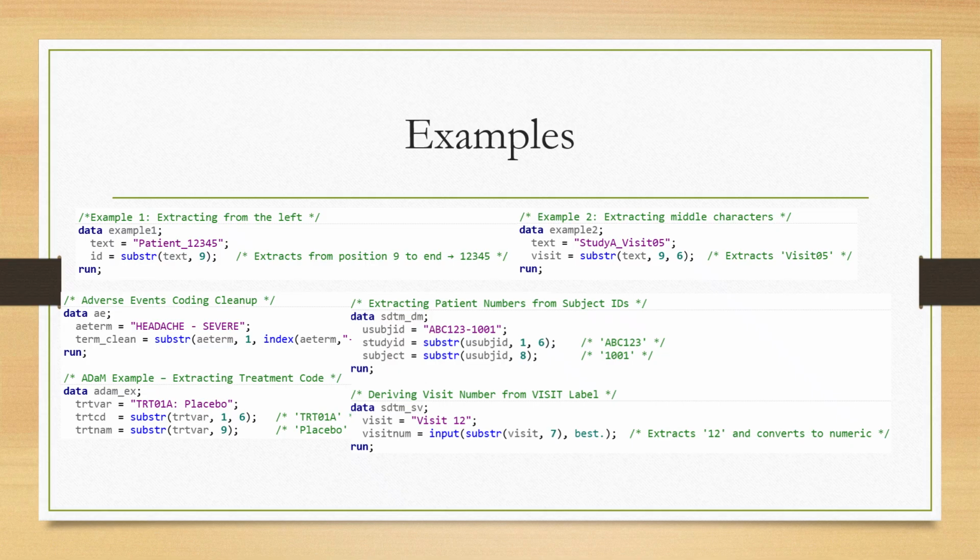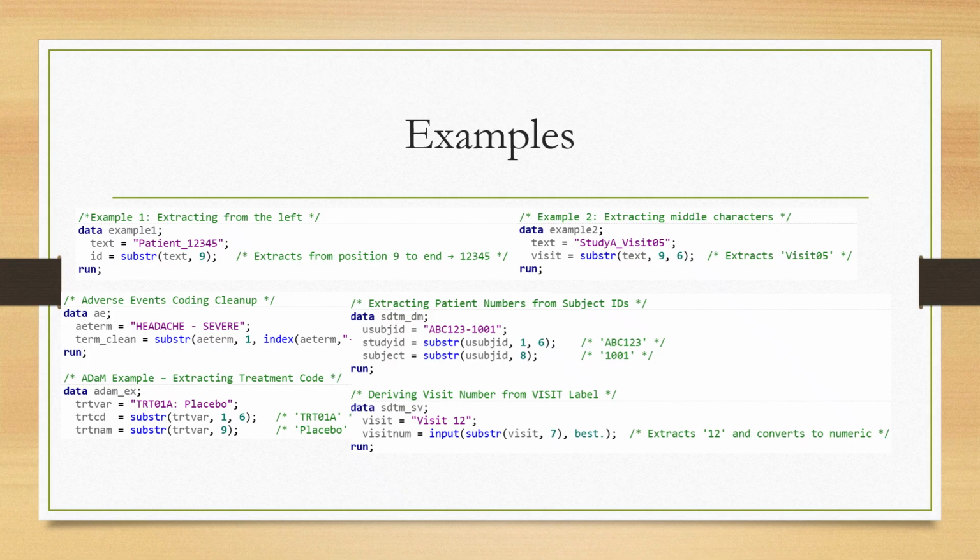Showing some examples of this concept, I am using the SDTM DM dataset where, from USUBJID, I want to extract the study ID or the subject number. When we want to extract the study ID from USUBJID, I am reading USUBJID from position 1, but I'm only reading 6 characters from position 1 here.